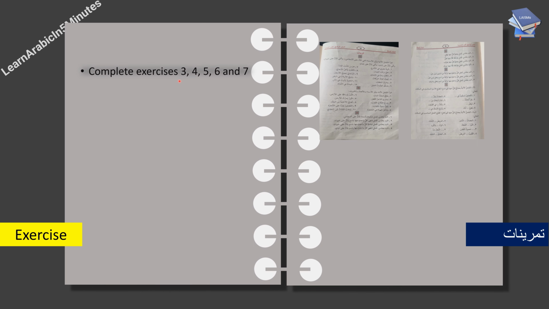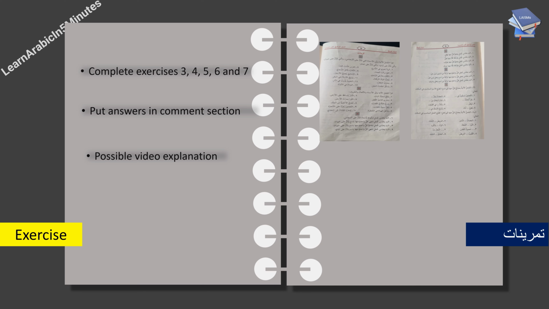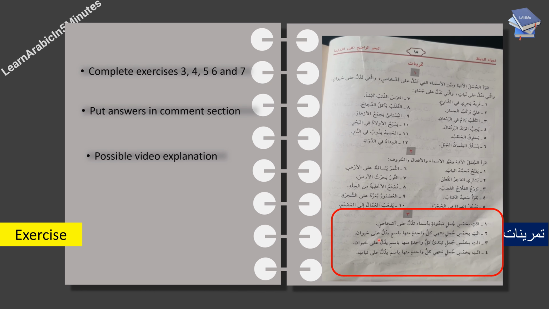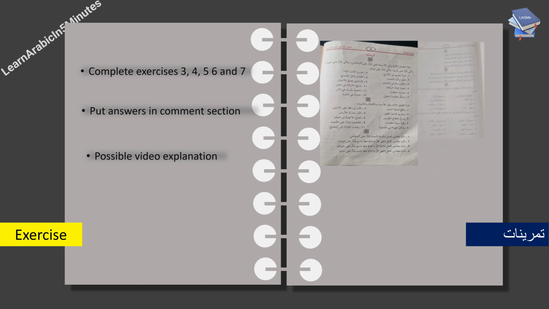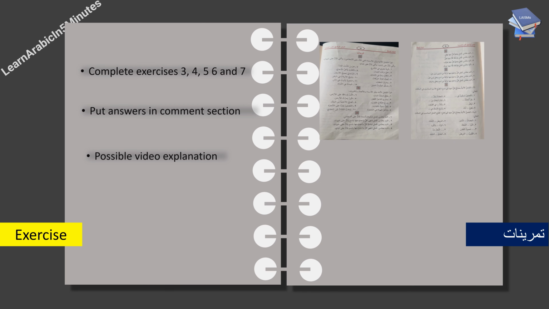Complete exercises 3 to 7. Put your answers in the comment section, and I might do a video explanation. That's after I've completed book 1. So this is the section that you can start, because we have already done 1 and 2, and I want you to do from 3 to 7.